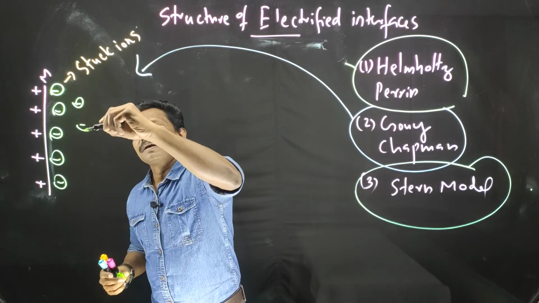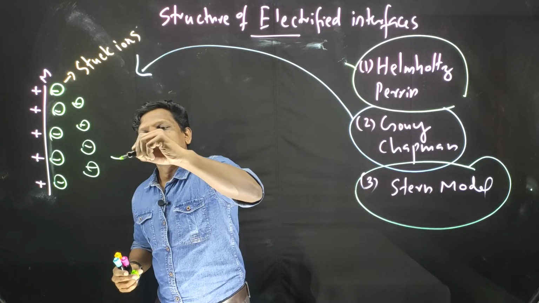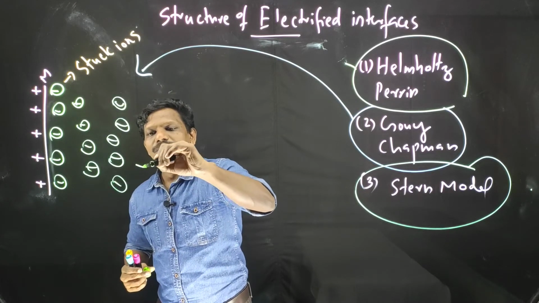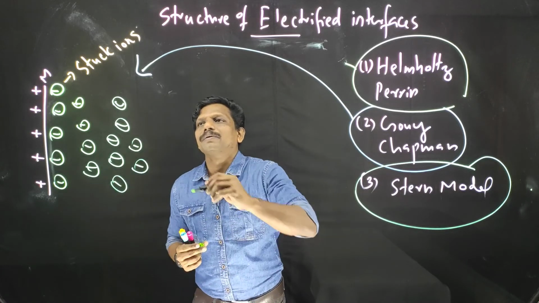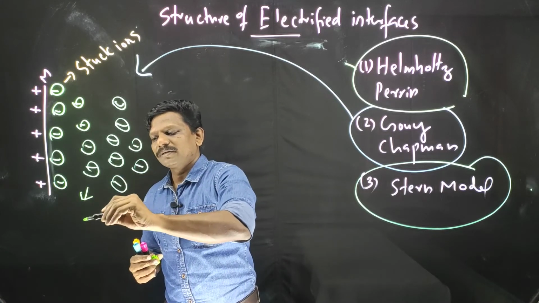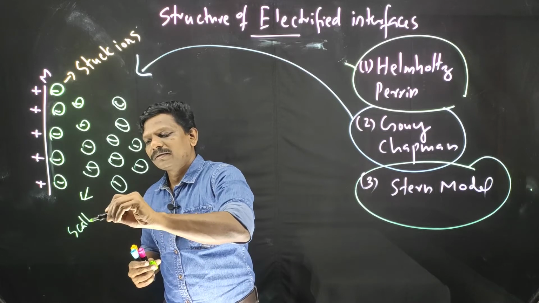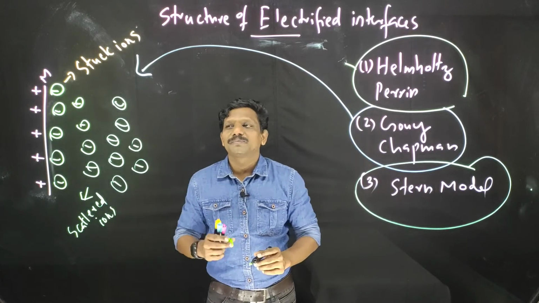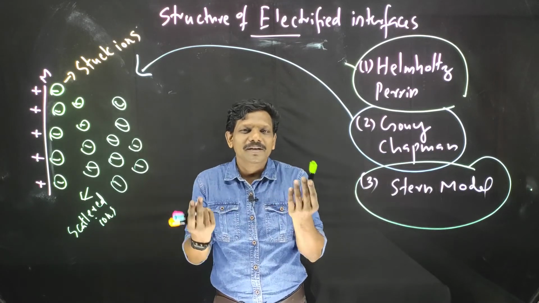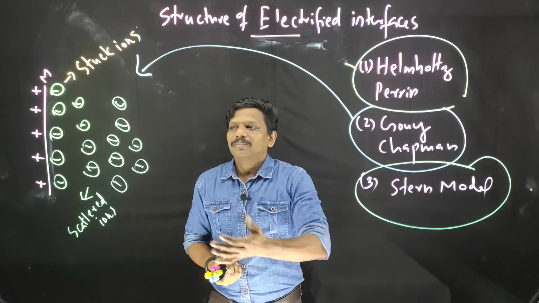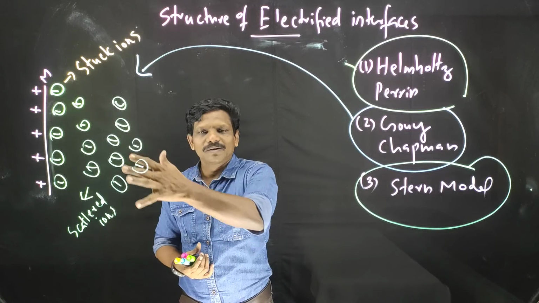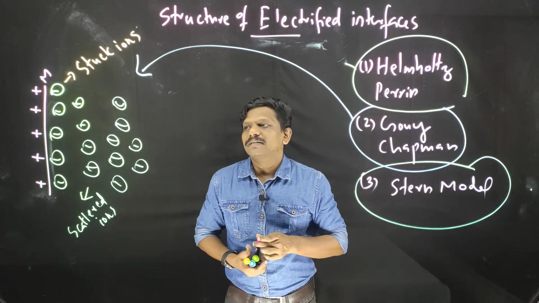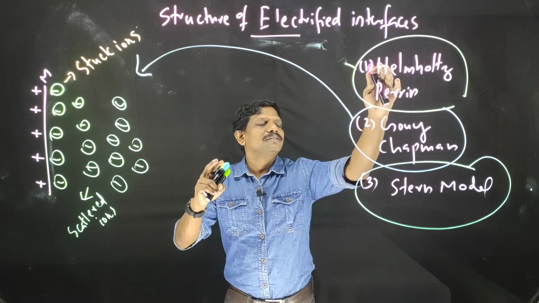That means there will be scattered ions like this. So there are two types of ions: one is stuck ions and the other one is scattered ions. That means the first layer is rigid, but after that it is not rigid, it is exponentially decreasing.